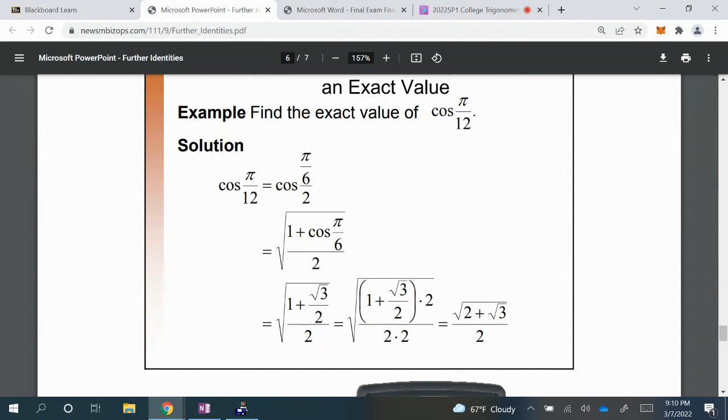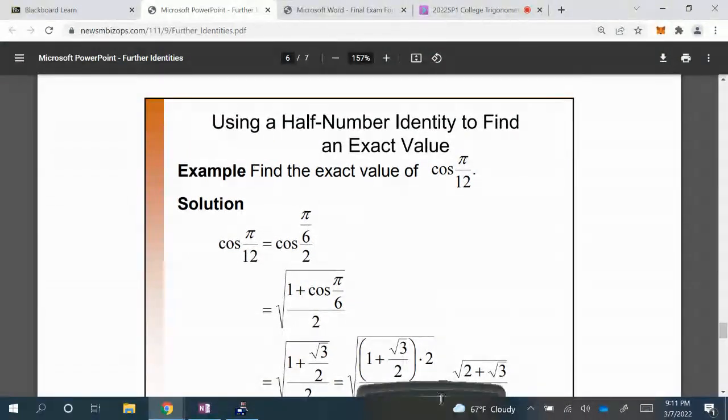I just want to point that out to you because you probably found this before using a sum and a difference, but the way that the solution is expressed is a little bit different. So in this problem, you're asked to find the exact value of the cosine of pi over 12 using the half number identity. That means that you must use a half number identity.